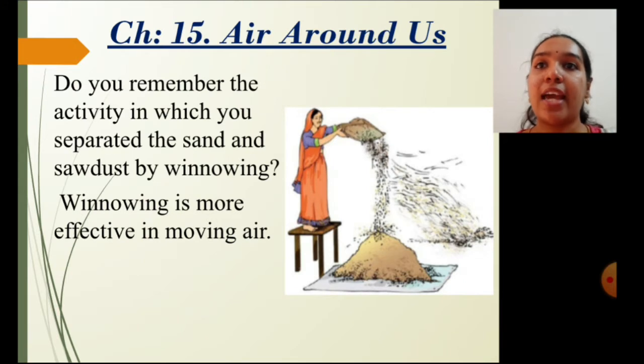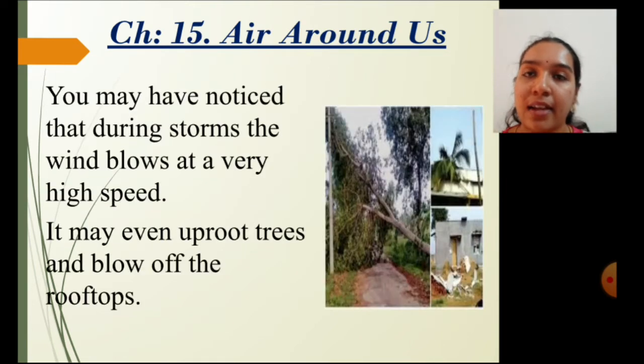We find air during the winnowing process also. The heavy wind we see during cyclones, which even uproots trees and blows off rooftops, is also an example of the presence of air.